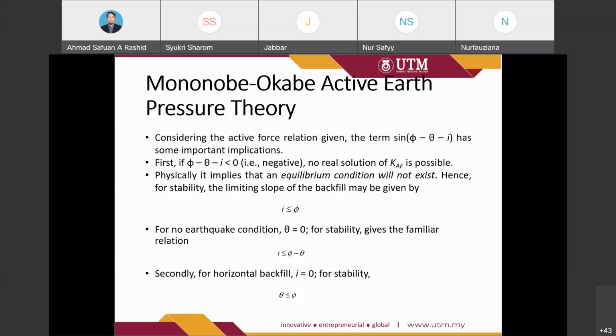Physically it implies that an equilibrium condition will not exist. Hence for stability, the limiting slope of the backfill may be given by I less than the phi value.